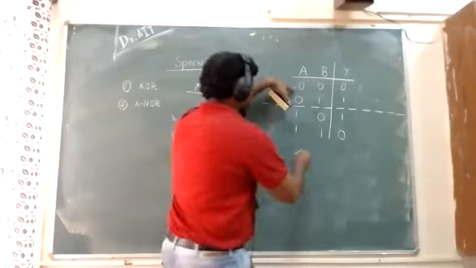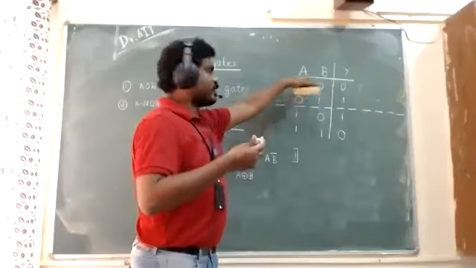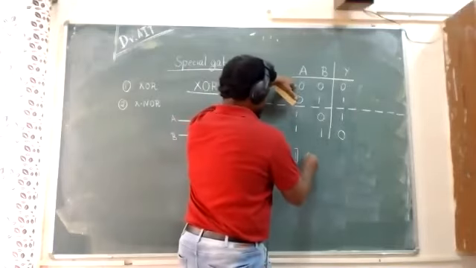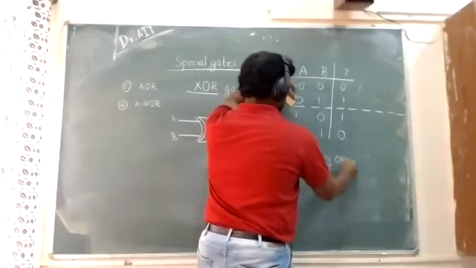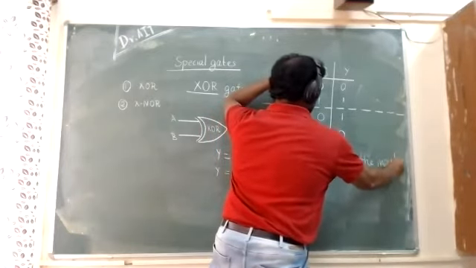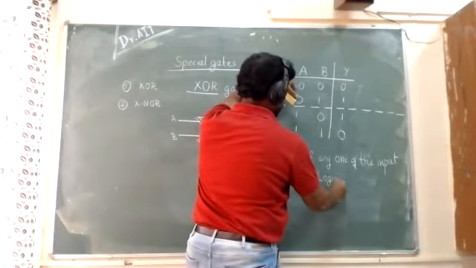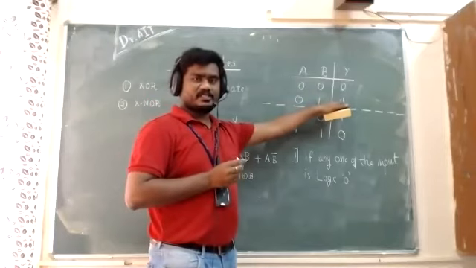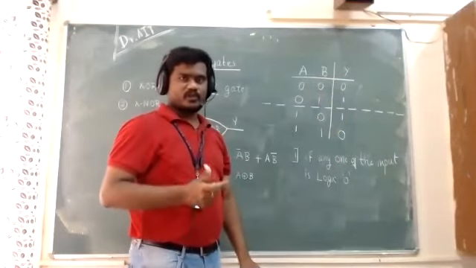So the first speciality is, if any one of the inputs, it can be A or it can be B, if any one of the inputs is logic 0, then what is the output? The output follows the next input.